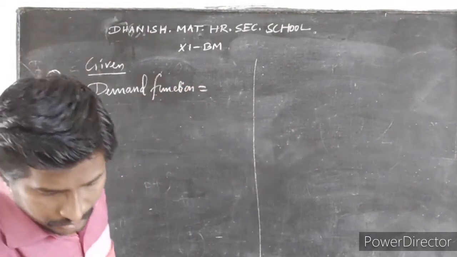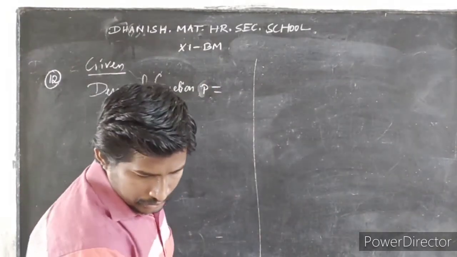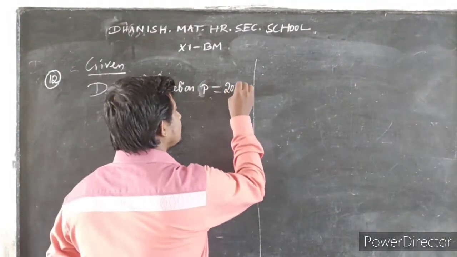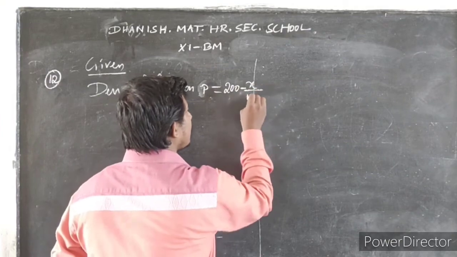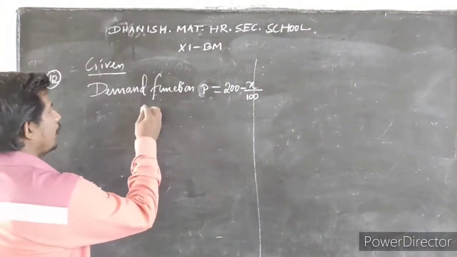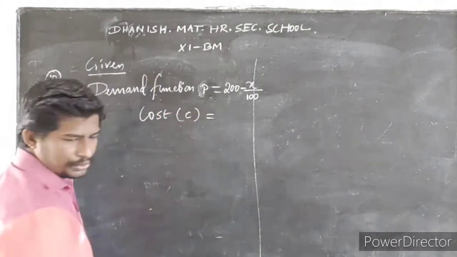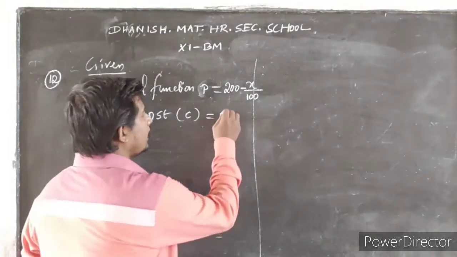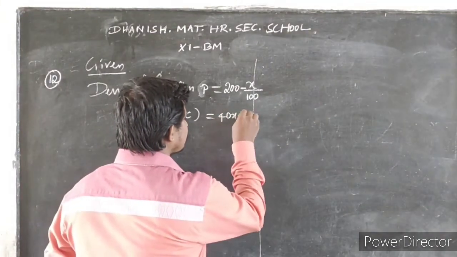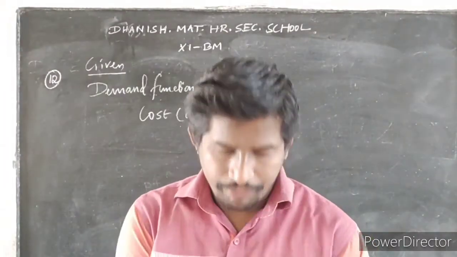Our demand function is P equal to 200 minus x by 100, and then our cost is C equal to 40x plus 120. We are going to find the profit function.